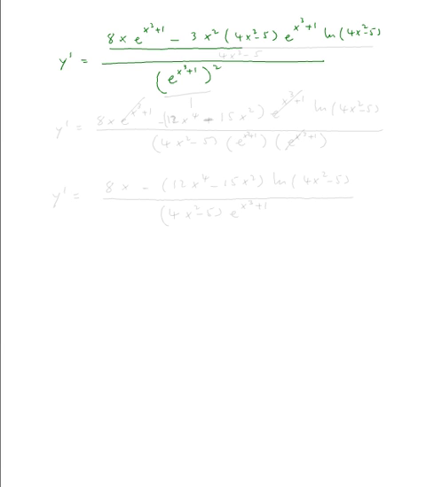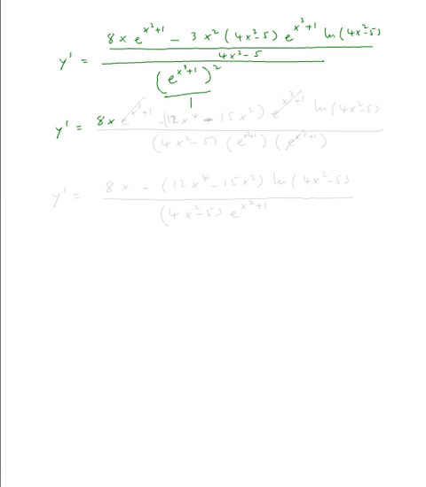And remember, all of this now it's over common denominator 4x squared minus 5. Now y prime is equal to, now all we need is, think of this as over 1, so division becomes multiplication.